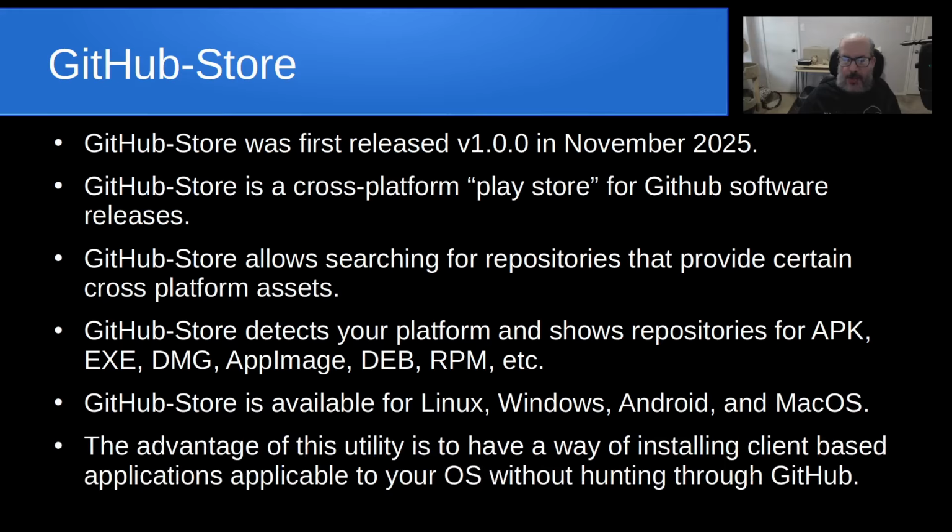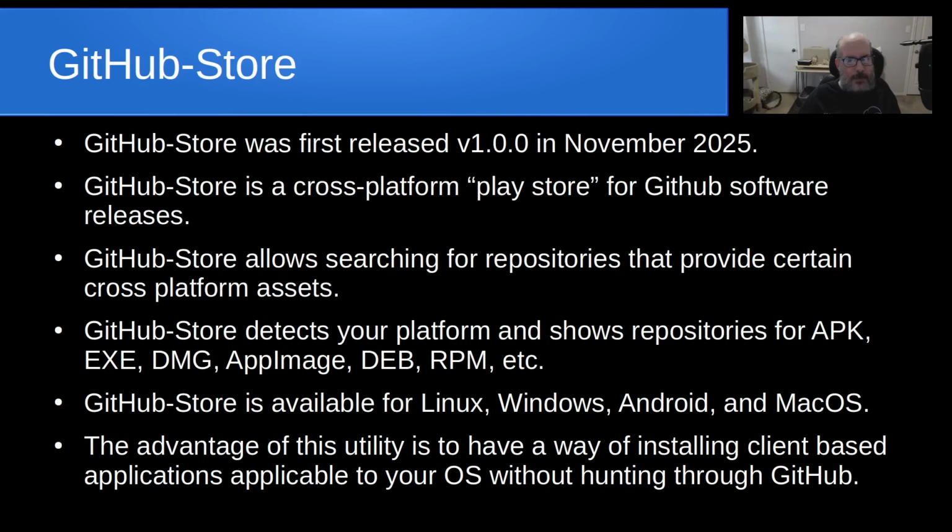The advantage of using the GitHub-Store is to have a utility that gives you a way of installing client-based applications that are applicable to your OS without hunting through GitHub. A lot of the projects we talk about are designed to build some kind of server-based image that goes and runs in the background on some kind of server.